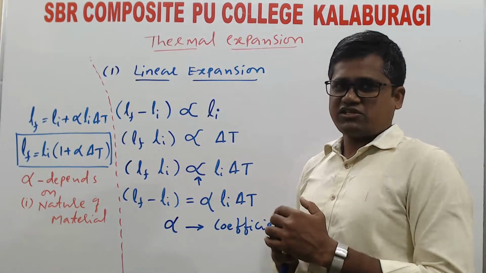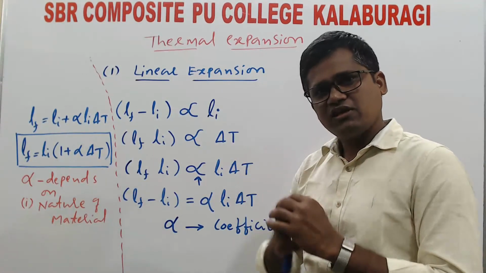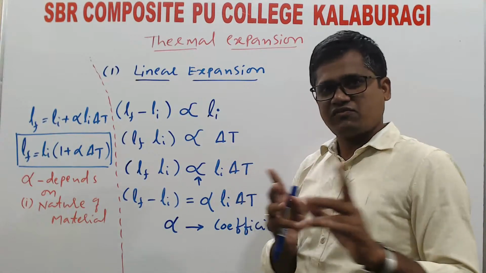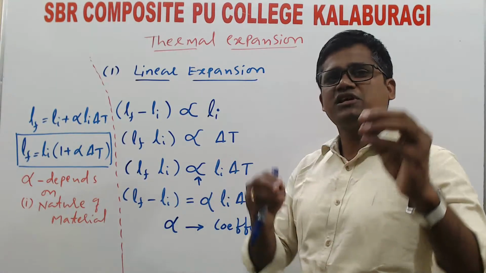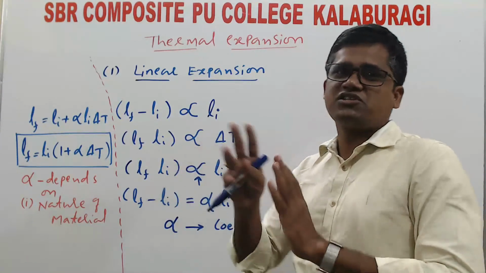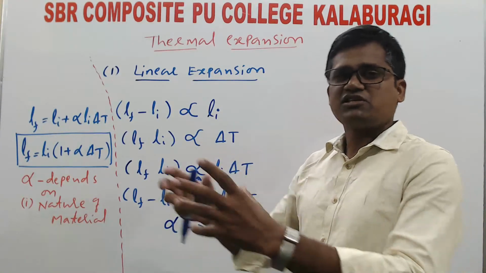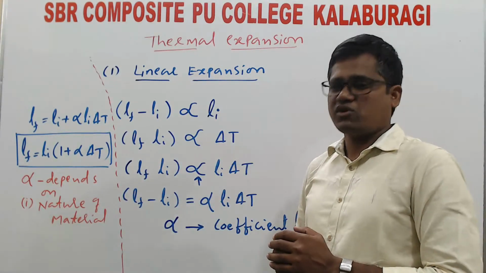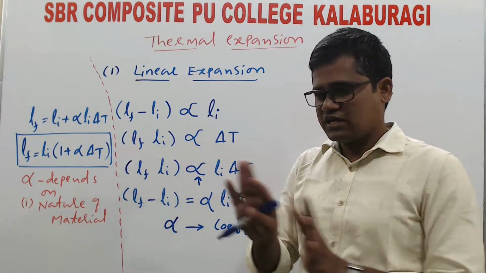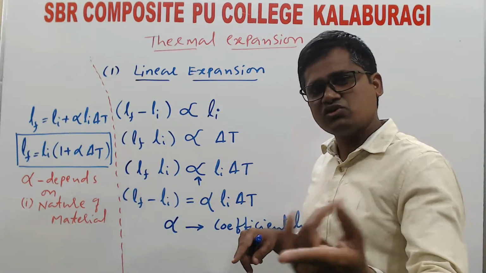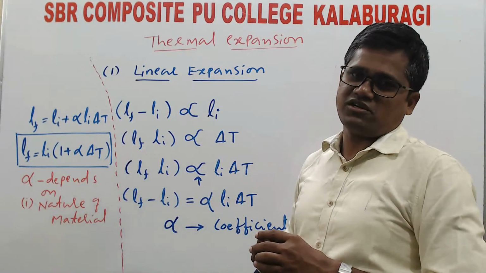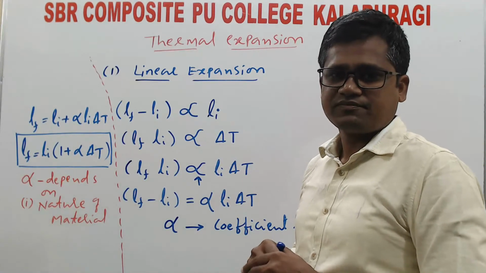Temperature represents the internal energy, but temperature is a different quantity. Here heat is a form of energy. Temperature is a physical quantity which measures the average kinetic energy of molecules, but temperature is different, heat is different. Temperature is the effect of heat. If heat goes in, the temperature changes, right?